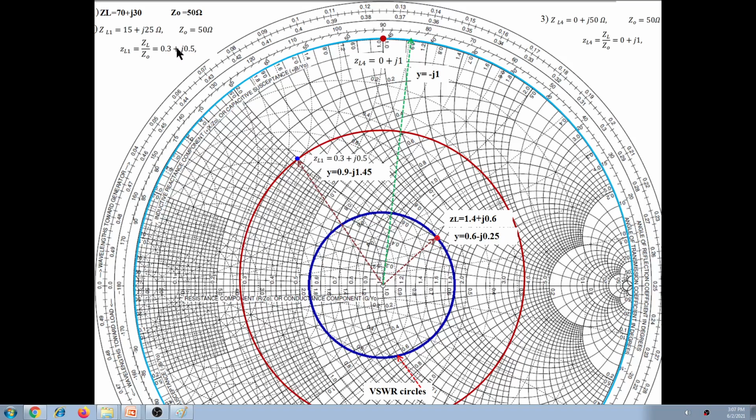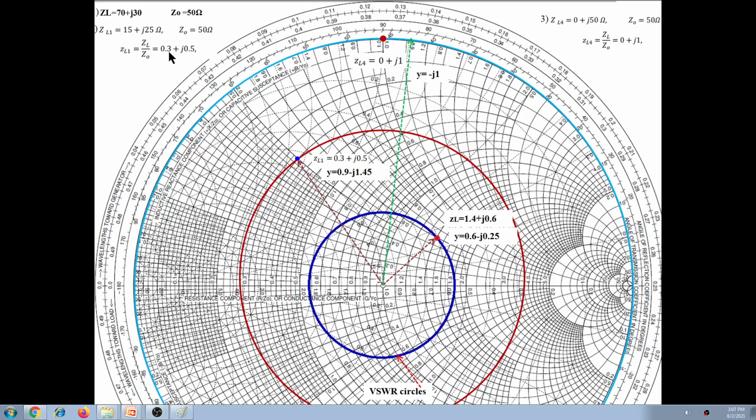If it is positive, it is in the upper part of the Smith chart, above this horizontal line, where the reactance circles are plus X. Plus or minus we have to check before marking. It is plus in this case, so j0.5. You have to see the intersection of 0.3 and 0.5.